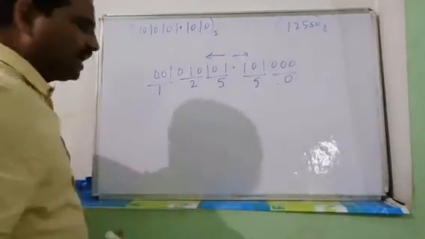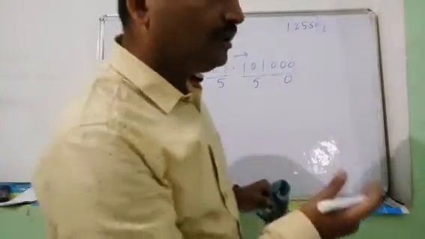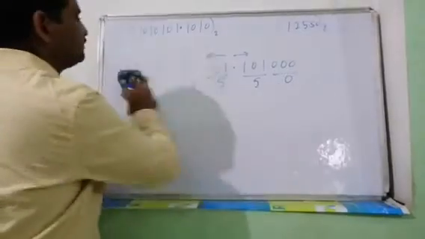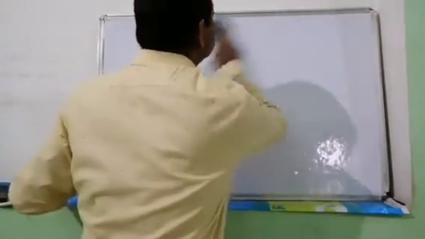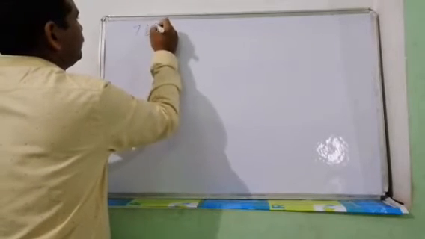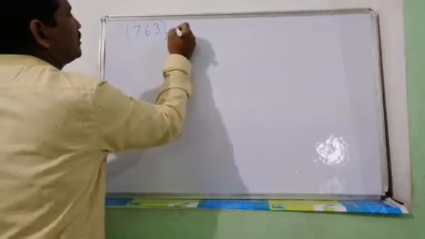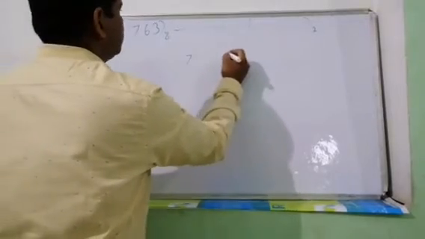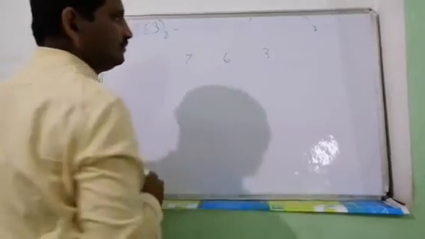In the same way we can convert octal to the binary number system. Let us see. 763, octal to binary we have to convert. 7, 6, 3.